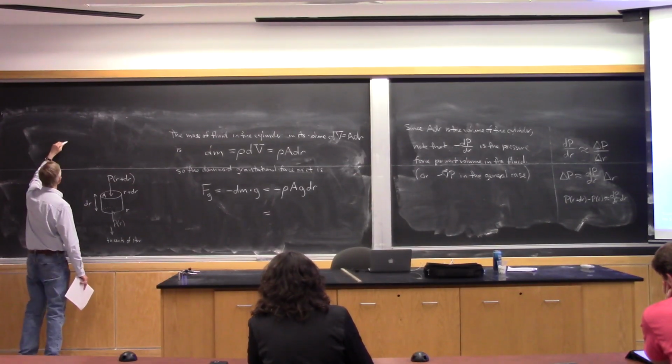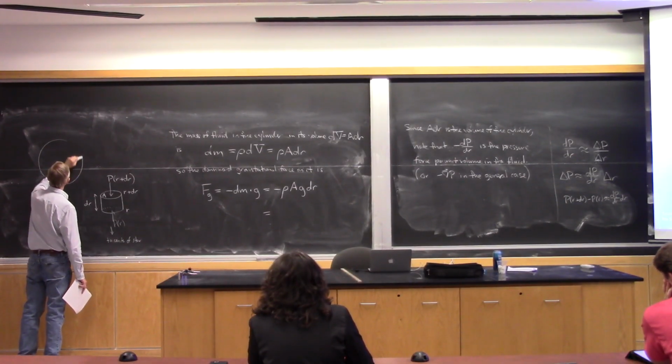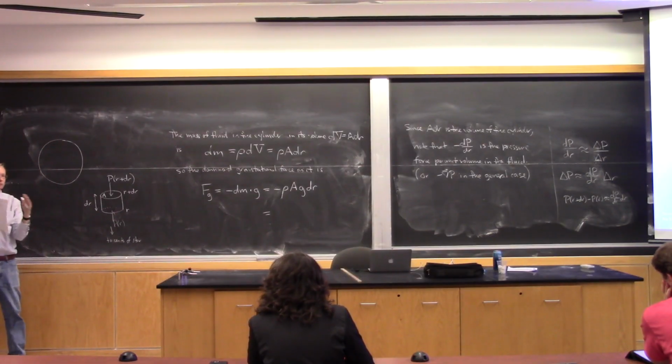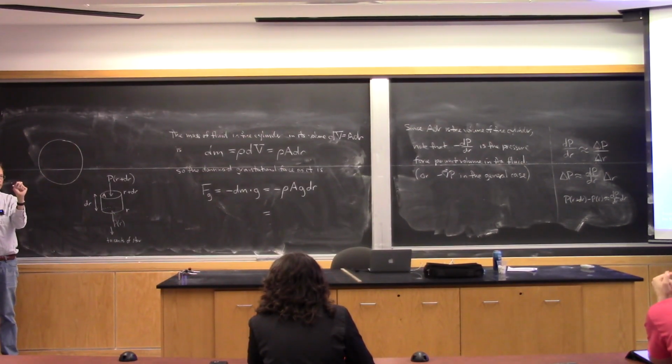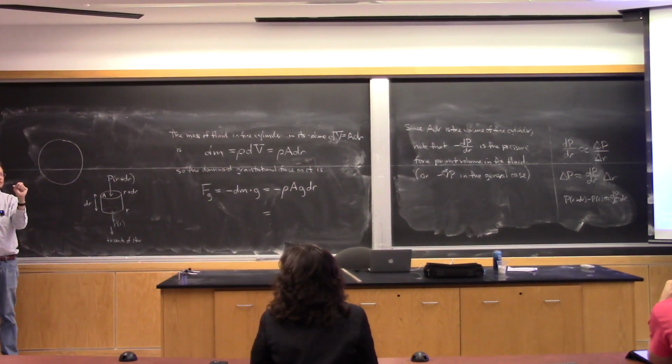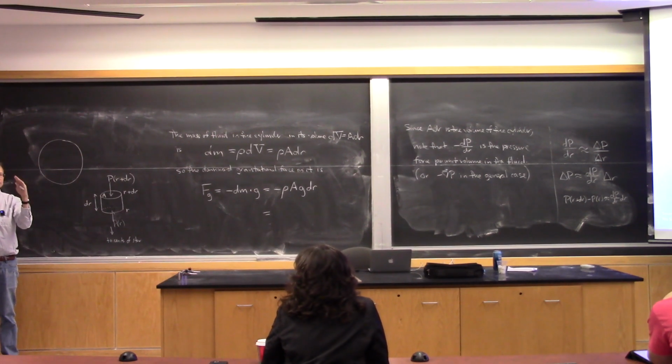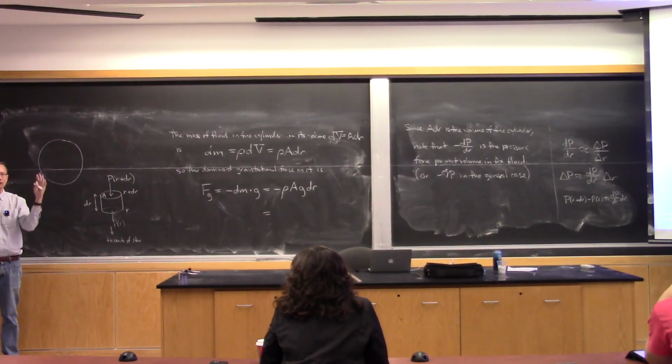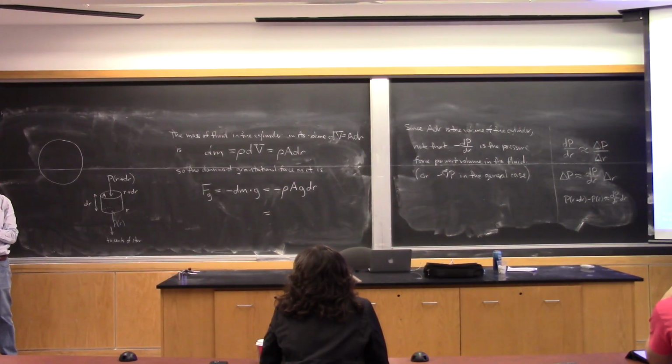Do you remember from your E and M, if you have a spherical ball of charge and you're somewhere inside of it, only the charge interior to your radius contributes to the force at your location. Gravity, just like the electrostatic force, is an inverse square law force, and that's what gives rise to the fact that only the charge interior to your radius counts. And so the same thing happens with gravity. Only the mass interior to your radius produces a net gravitational force on you.